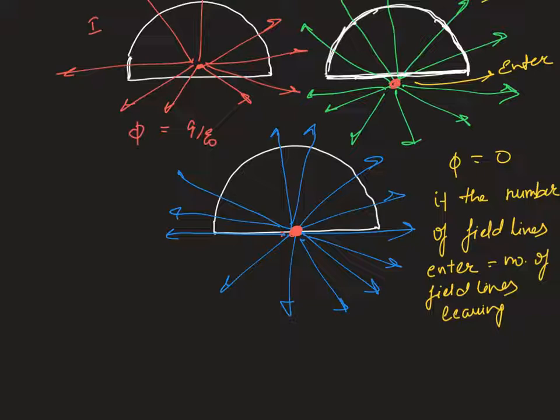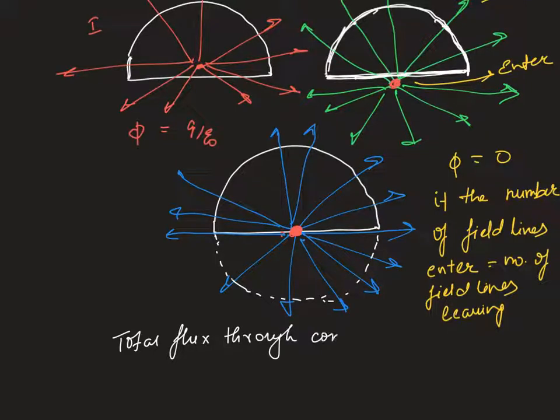So if we had two hemispheres which would actually make up a complete sphere like this, the total flux through the complete sphere would be q by epsilon naught.